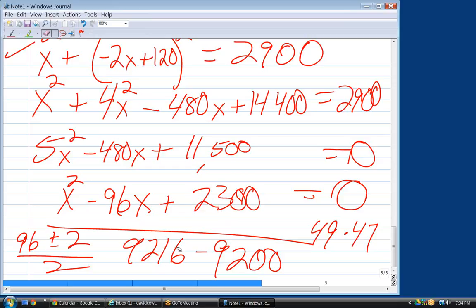Subtracted from 9,216 gave me 16. The square root of that was 4, not 2. So my answer is 96 plus 4 and 96 minus 4 over 2, which is 48 plus 2 and 48 minus 2. There's your two factors right there, 50 and 46.